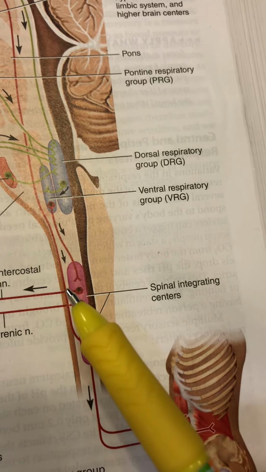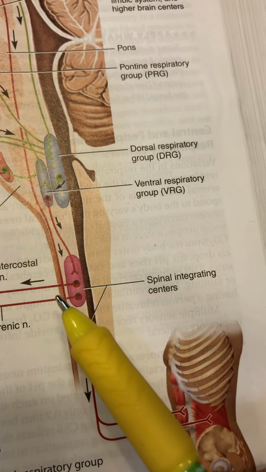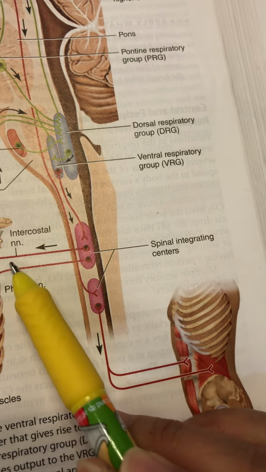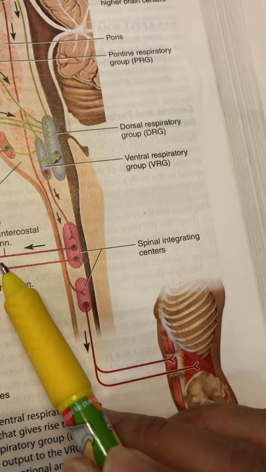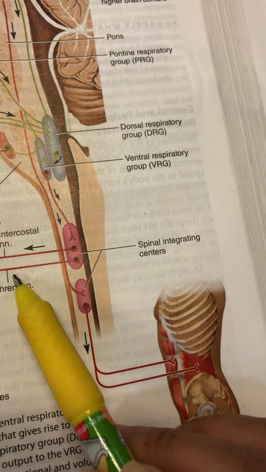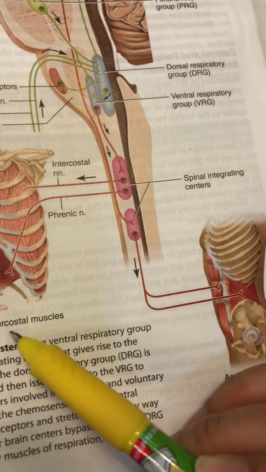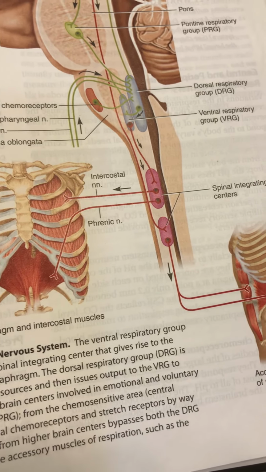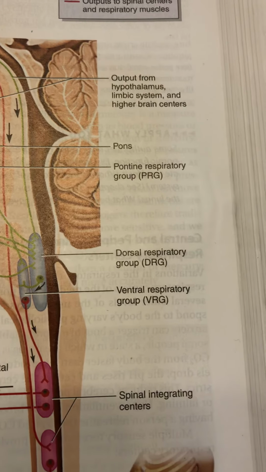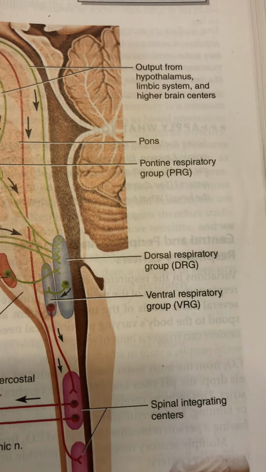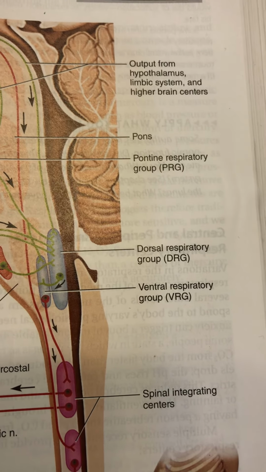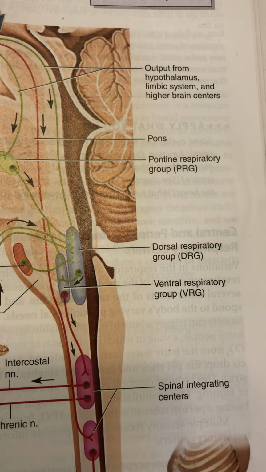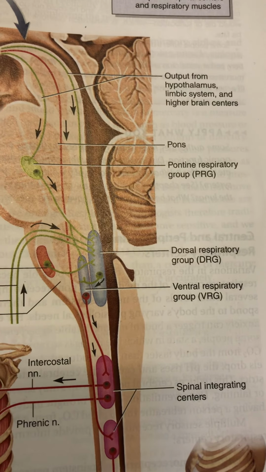So its output goes to a spinal integrating center that gives rise to intercostal nerves and phrenic nerves, to the intercostal muscles and diaphragm. Breathing can be faster or slower, shallower or deeper, because the VRG is subject to influence from external sources.